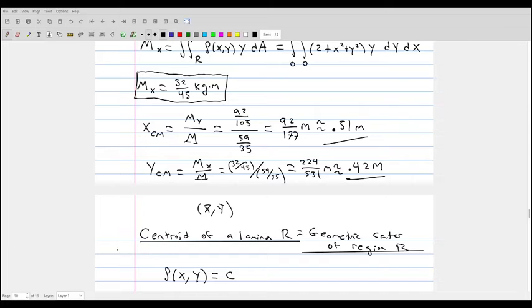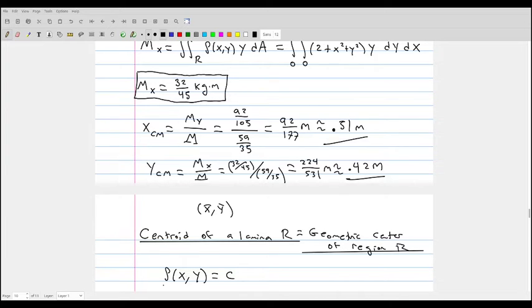The centroid of a lamina is essentially the geometric center of the region R. And this is different than the center of mass of the region. And in many ways it's actually easier to calculate. The main idea is that we use the center of mass formulas and pretend that the density function is constant.